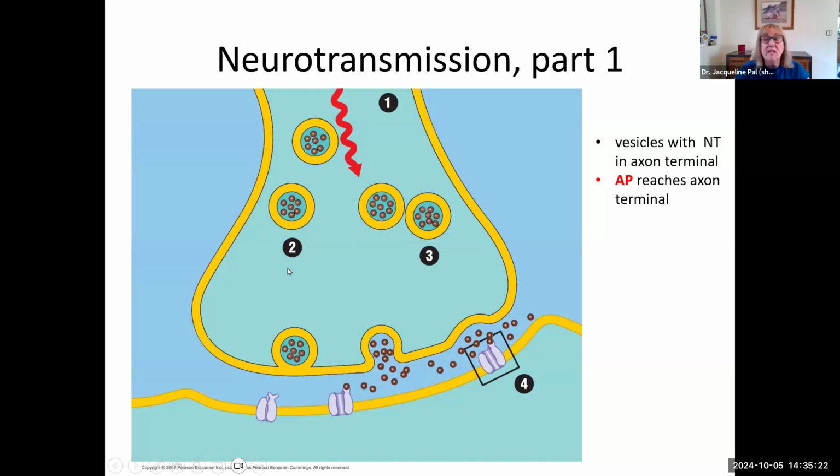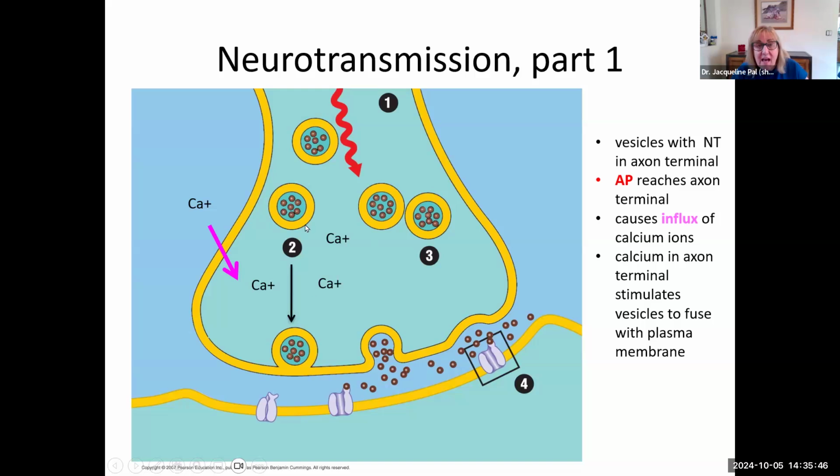When the action potential reaches the axon terminal, it causes something different to happen in the axon terminal. There is a gate that the voltage is going to cause to open, and calcium ions are going to enter the axon terminal.